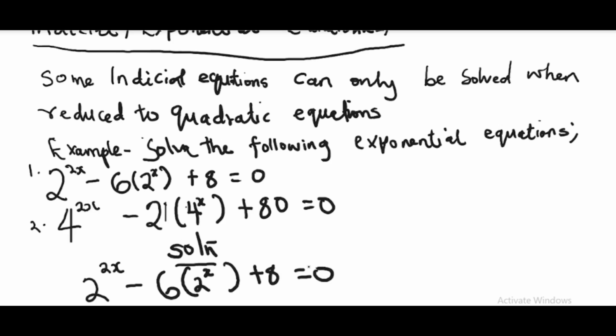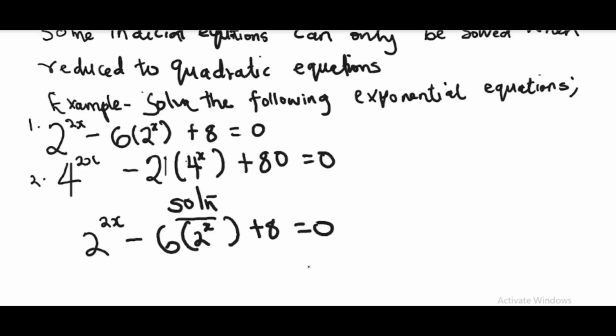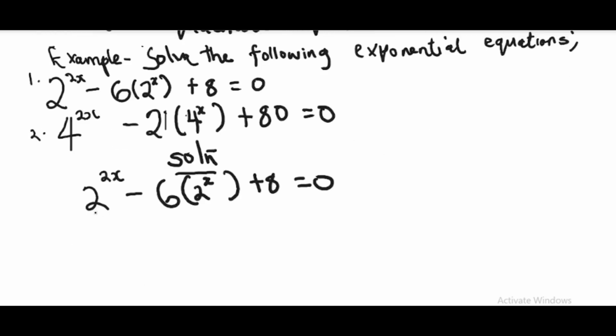To reduce this to a quadratic equation, we can see that 2 raised to the power of x is common here and here. So we say let y be equal to 2 raised to the power of x.